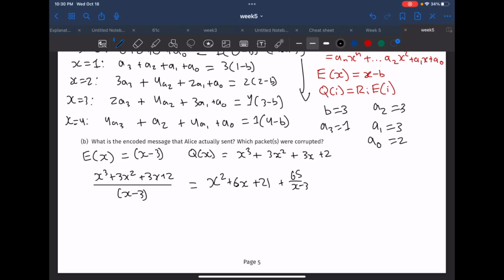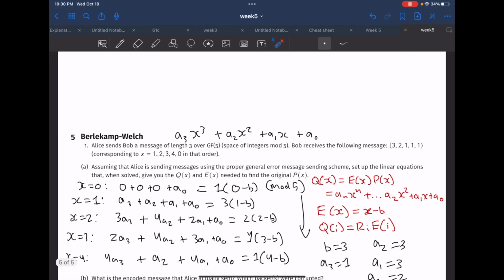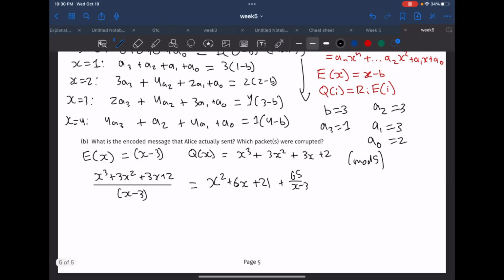And since this is all still being taken mod 5, since we're still working under this Galois field, we also need to take this polynomial mod 5. So mod 5, it's congruent to x squared plus x plus 1, and since 65 is congruent to 0 mod 5, that remainder just ends up being 0.